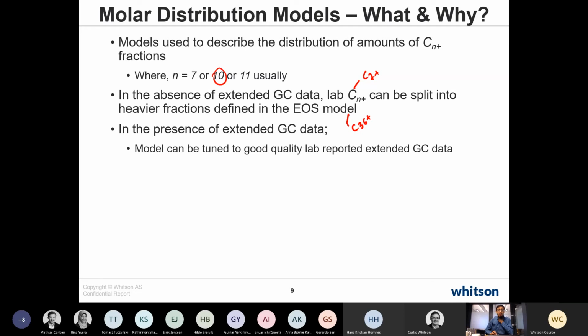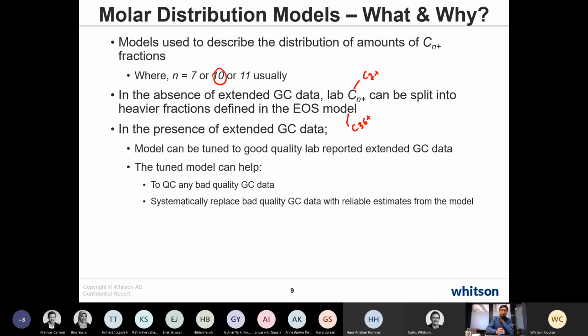In that case, the molar distribution model nowadays is a very good tool to quality check your lab reported compositions. What we generally do is develop a field-wide gamma distribution model, tuning to the good quality lab reported extended GC data.